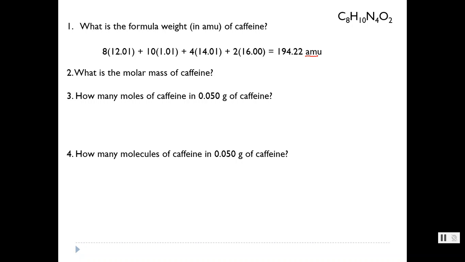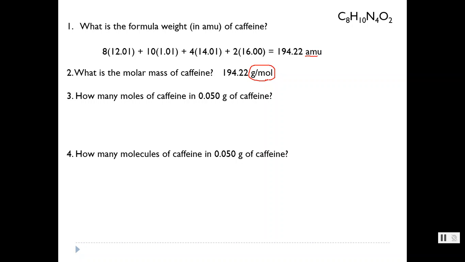What's more useful to chemists is the molar mass of a compound, because molar mass uses the units grams per mole, and grams is something that we can easily weigh out in the lab. What's nice about how the periodic table is set up is that to find the molar mass of a compound, you can find it exactly the same way as finding the formula weight. It's the same number, you just change the units. It's no longer AMUs, the units are now grams per mole.